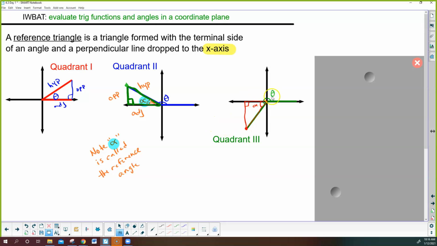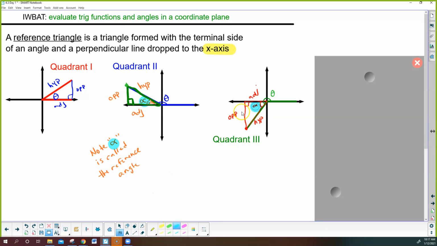Right? But what that triangle allows us to do is now using this reference angle, I can identify the opposite side, the adjacent side, and the hypotenuse, which means I can evaluate sine, cosine, tangent, cosecant, secant, cotangent, and do any of those because I have a right triangle with the special angle.